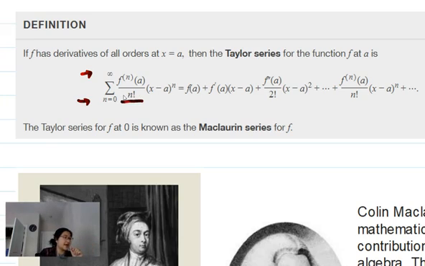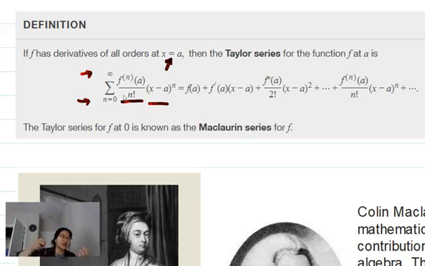What are we looking at for our terms? We have the nth derivative of our function f, evaluated at a. So we're evaluating where we're centered at, divided by n factorial. And where is that n factorial coming from? Well, you can think about it now a little bit, but it's going to come out of the power rule.